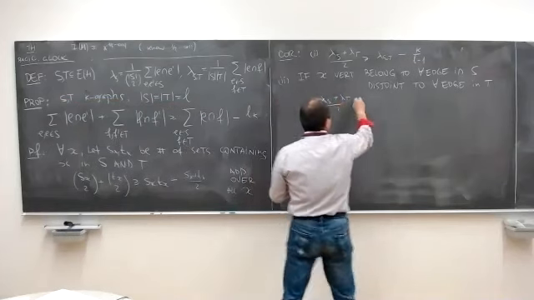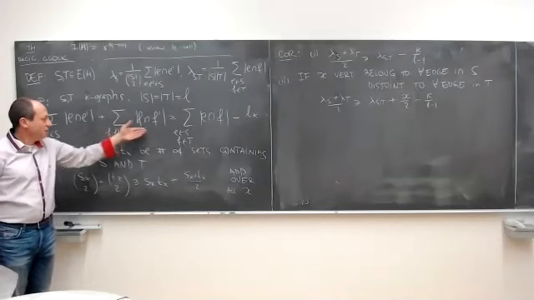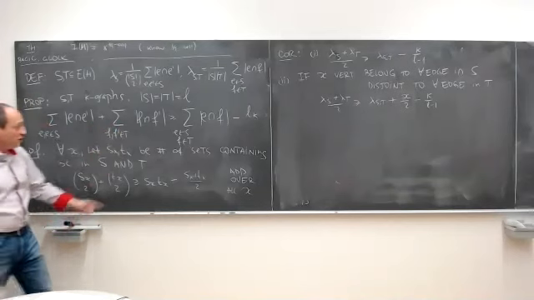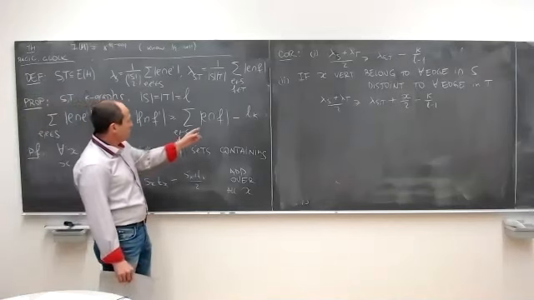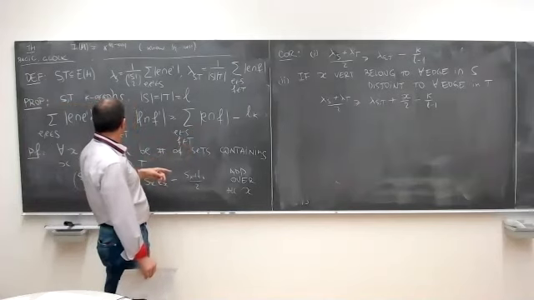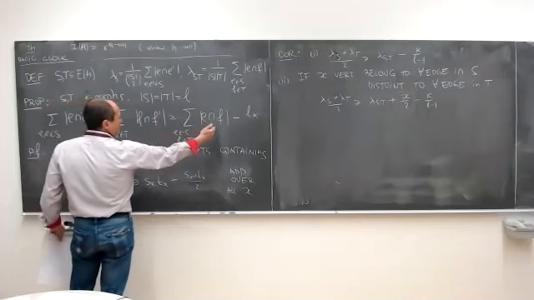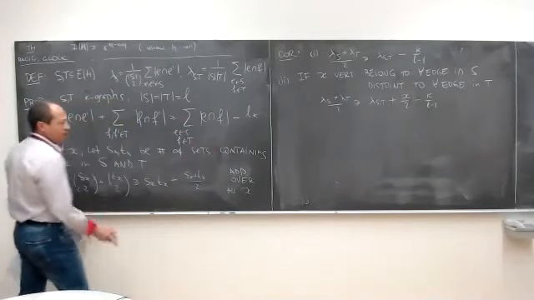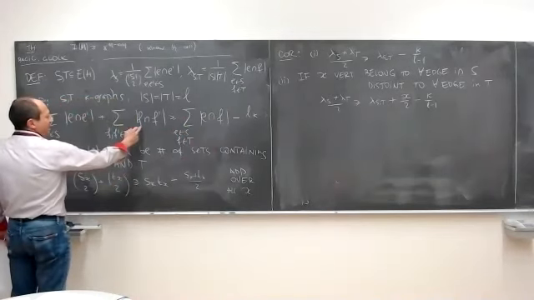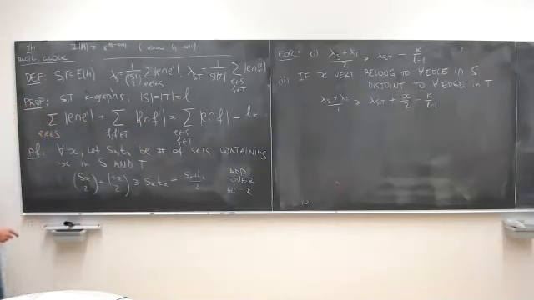T was disjoint from X. So again, here we didn't change anything. In the intersection across, since T didn't change, you didn't change anything. In the intersection for the edges in T, again, you didn't change anything because you're not deleting anything from them.